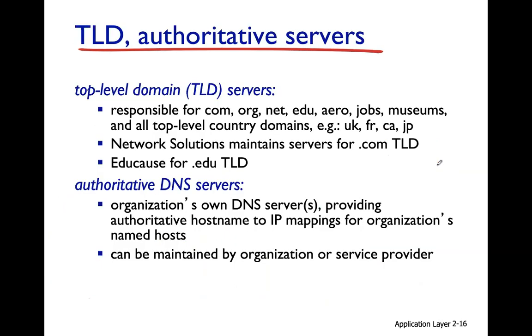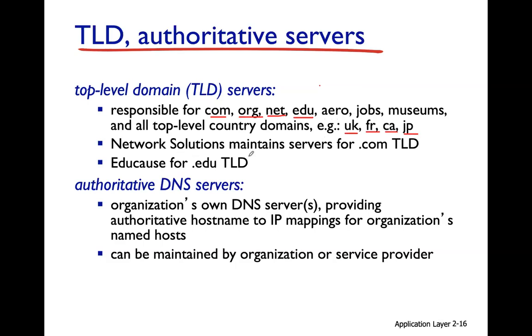Okay, so we have the TLD and the authoritative server. TLD means top level domain. TLD servers are responsible for the top layer: .com, .org, .net, .edu, and certain country domains like UK, France, Canada, Japan.